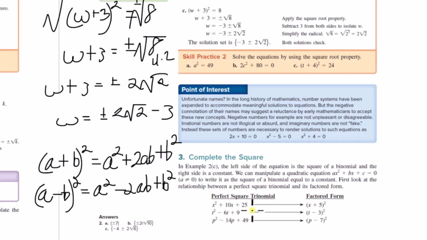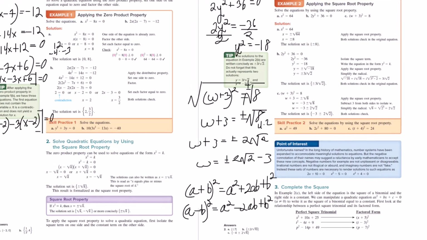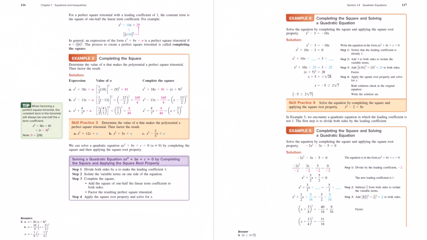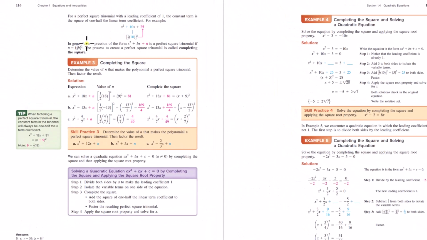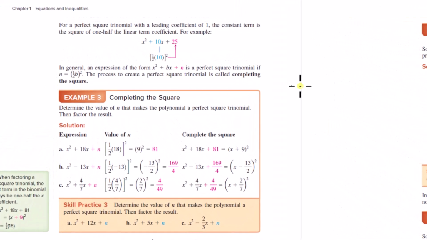Okay, so what are we going to do with this? Well, okay, here's the idea. What we want to do is, this is the process of completing the square. So if we had 3x squared minus 5x plus 11 is equal to 0, we want to solve this.